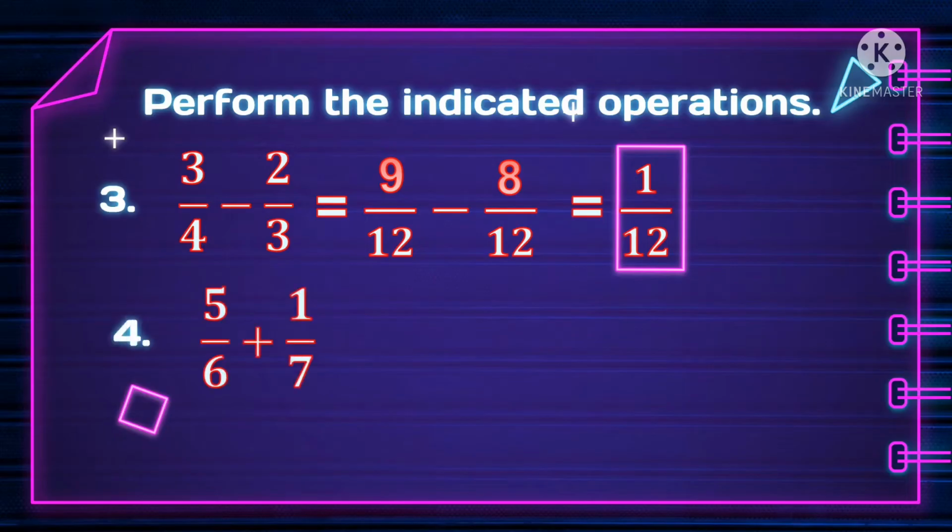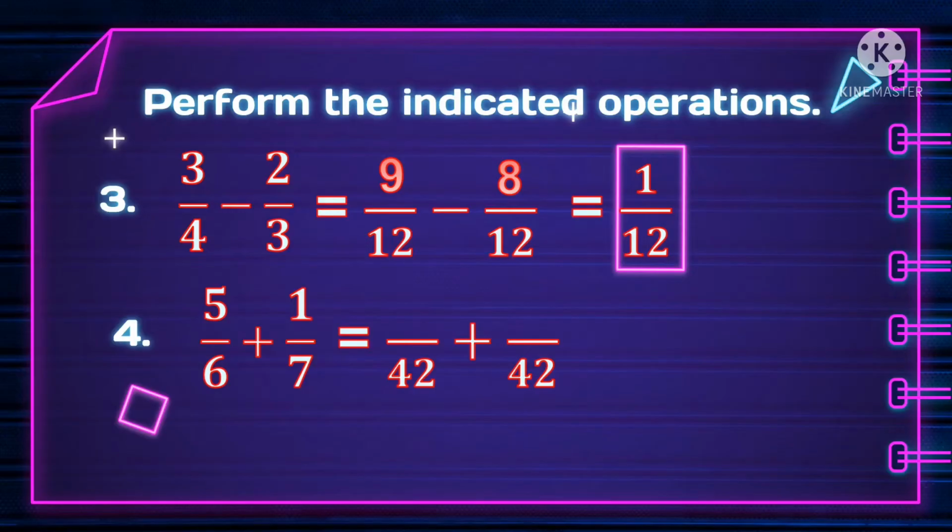Okay, next. Number 4 is 5/6 plus 1/7. So again, they are dissimilar fractions, so we need to change this first into equivalent fractions by finding their LCD. Okay, so ang LCD ng 6 at 7 ay 42.